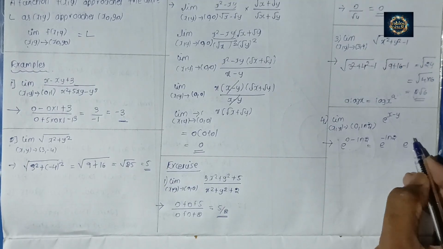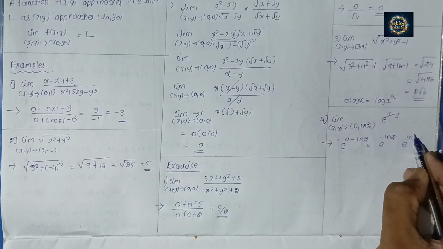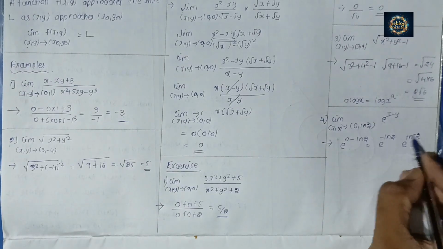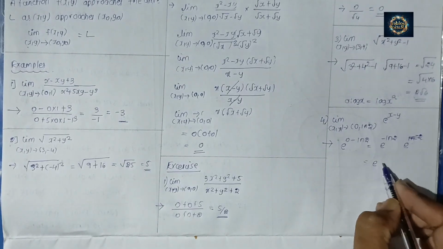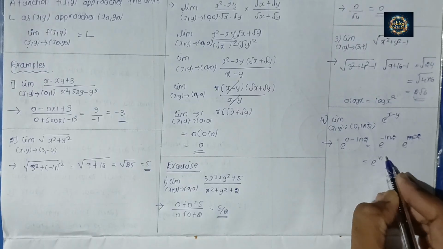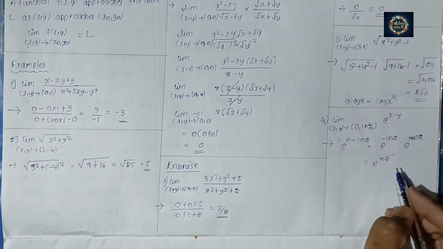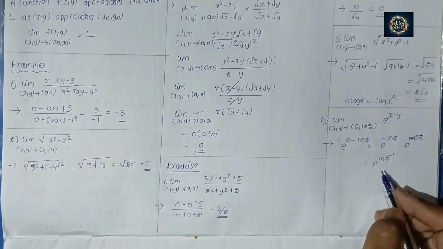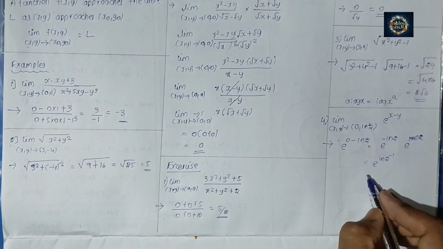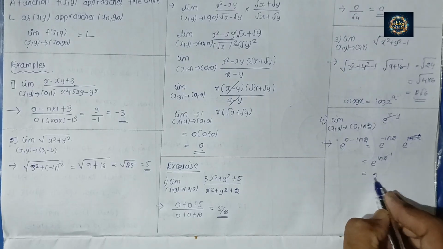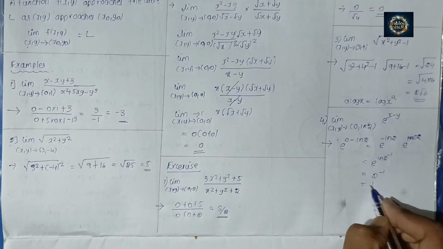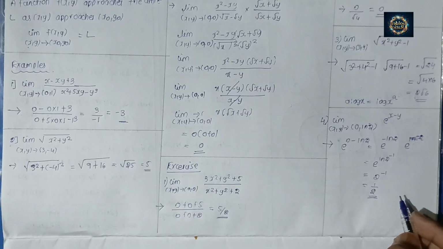So e to the power ln 2 to the power minus 1, I can write like this. Since ln and exponential are inverse functions, they will definitely cancel out. So I can write 2 to the power minus 1, which is nothing but half. So this is the answer.